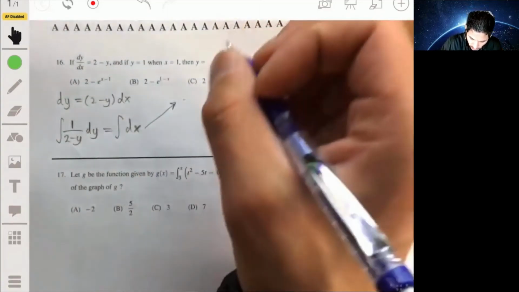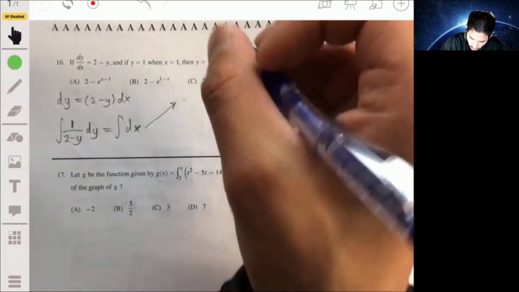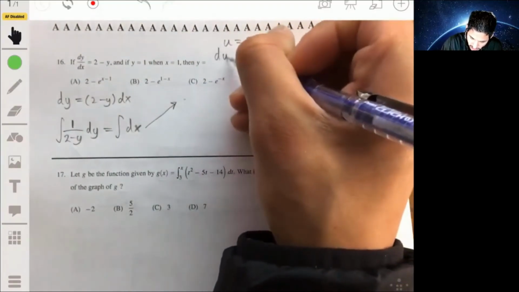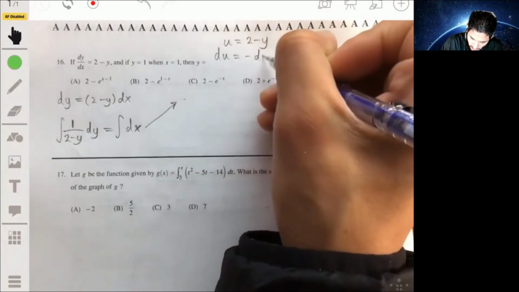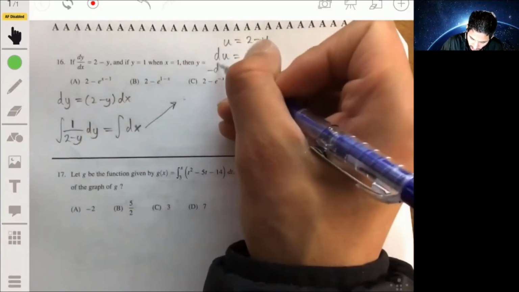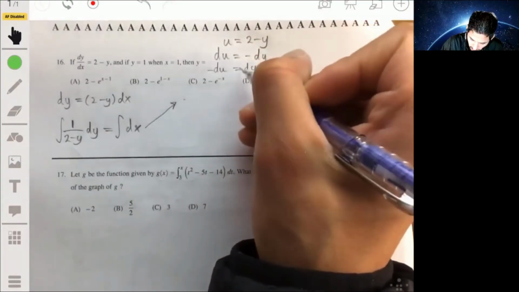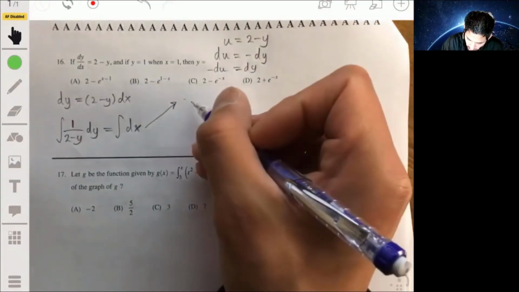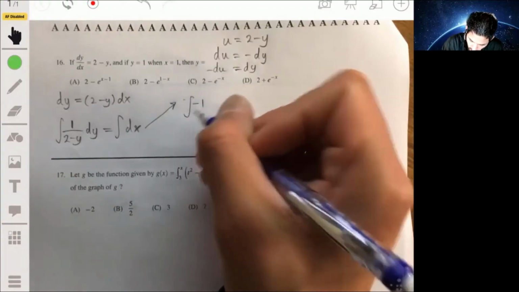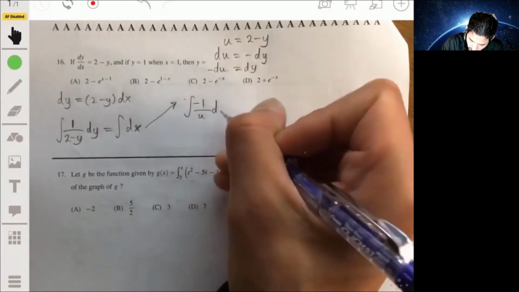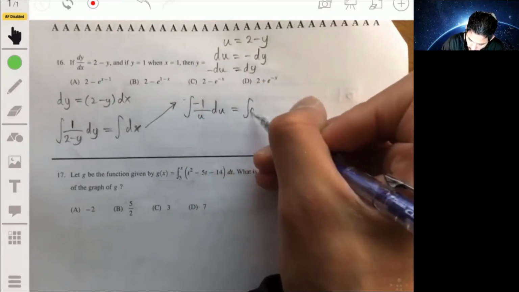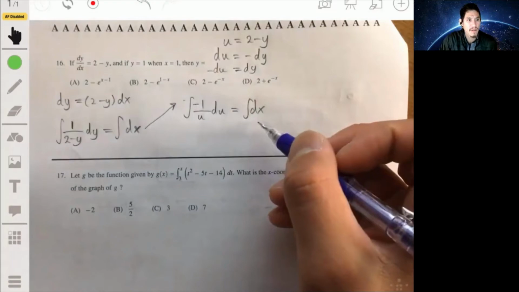But if we make u equal to 2 minus y, then du will be negative dy. When we don't have negative dy, we just have dy. So we're going to have negative du equals dy on the left. So we're going to have negative 1 over u du is equal to the integral dx.